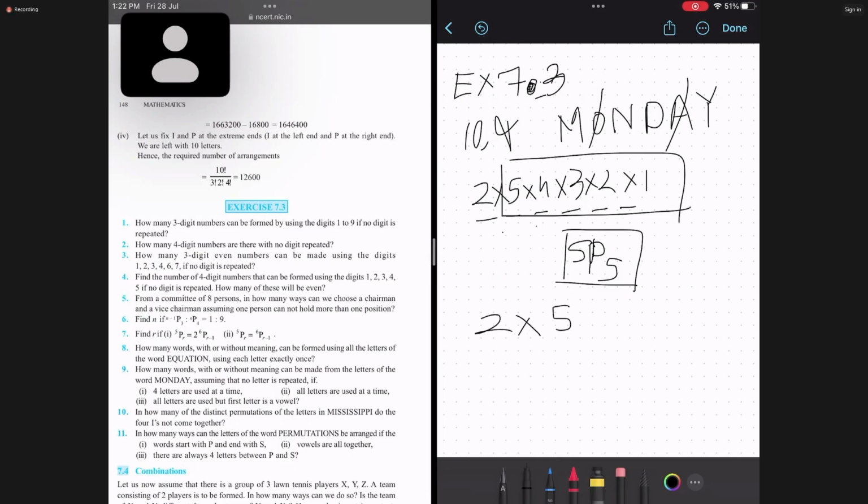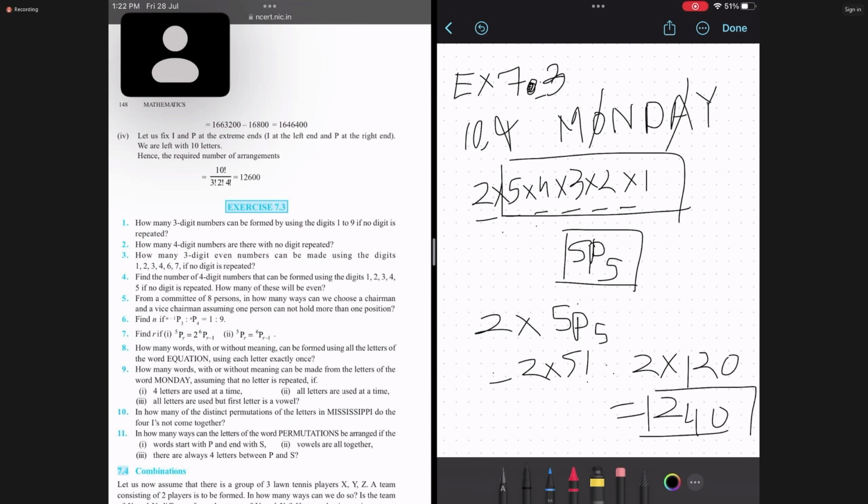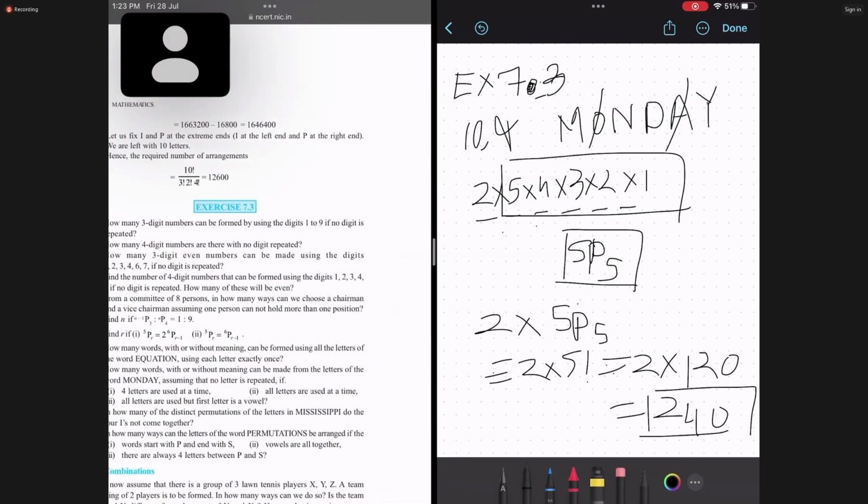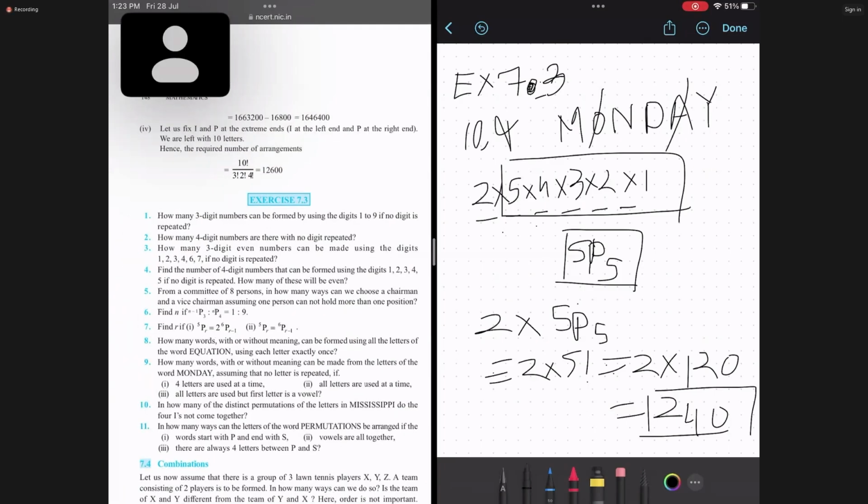The answer is 5P5, and that is 2 into 5 factorial, which is 2 into 120. So your final answer is 240, correct? That is how you are going to solve question number 9.